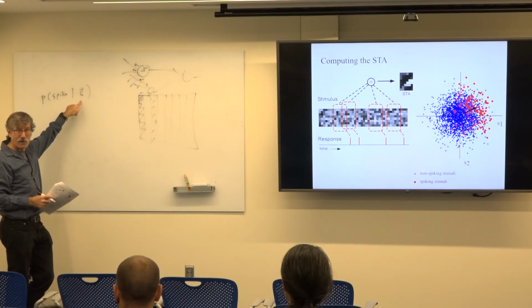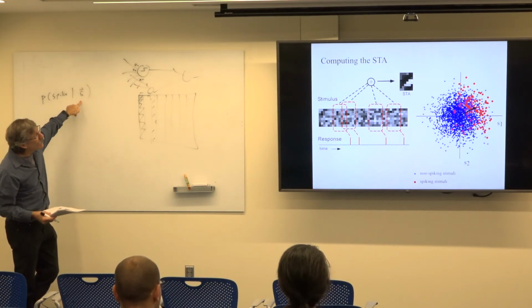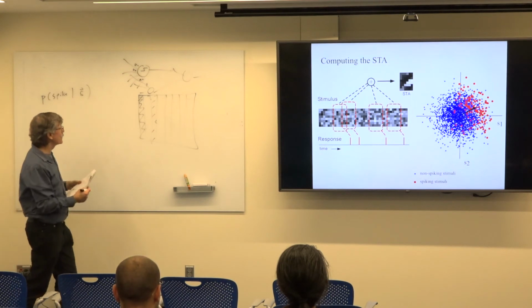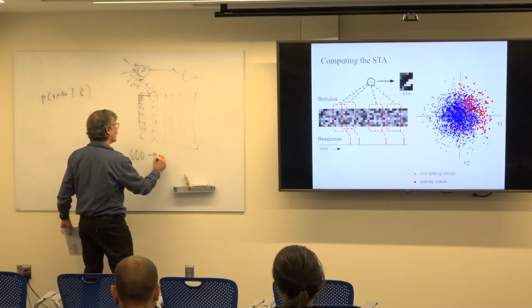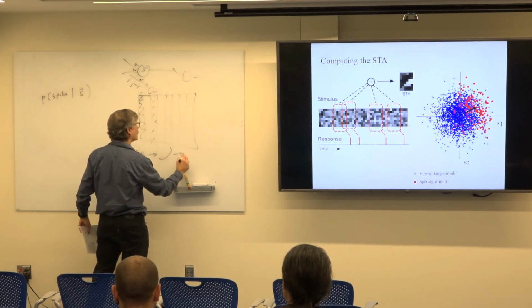So that's the kind of model that we'd like to have. And the receptive field gives you enough, in the model, which is not on the screen right now, so I should probably have the model up, which is receptive field goes to nonlinearity goes to Poisson.